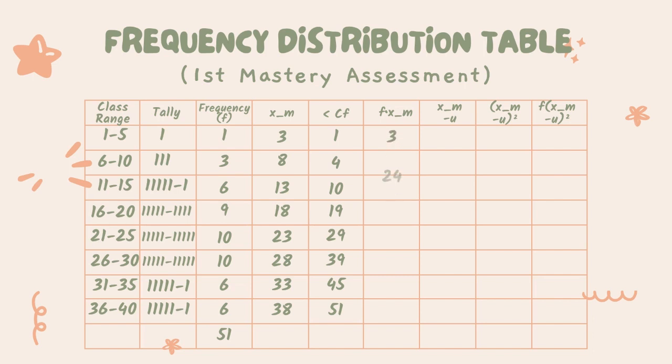Then 1 times 3 is 3, 3 times 8 is 24, 6 times 13 is 78, 9 times 18 is 162, 10 times 23 is 230, 10 times 28 is 280, 6 times 33 is 198, and 6 times 38 is 228. And if we add every value of f times x sub m, we will find 1203.